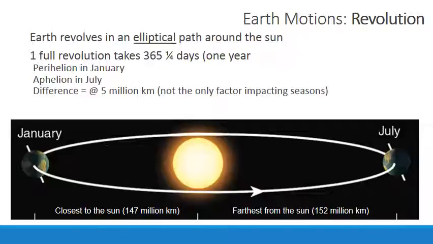Earth seasons are not caused by this, but it is an important physical factor for understanding climate and climate change. When we are closest to the sun, that's the northern hemisphere's winter. When we are furthest away, that's the northern hemisphere's summer.